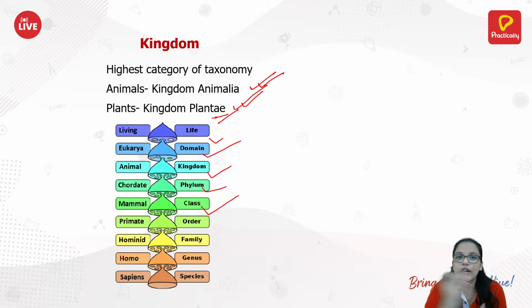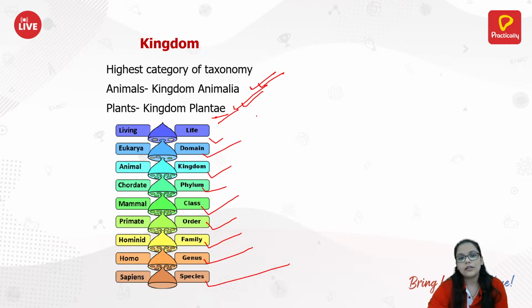Class, mammals, we have hair on us, so we are mammals. Order, primates. In primates a lot of things come, monkeys, apes, chimpanzees. Family, Hominidae. Genus Homo, species sapiens. This is for humans.